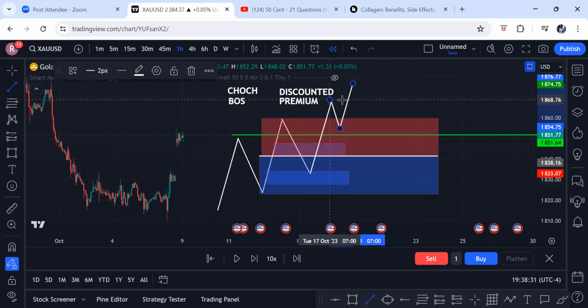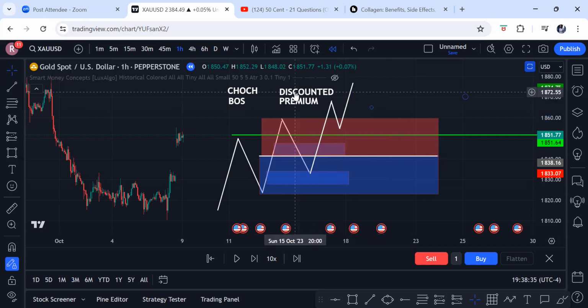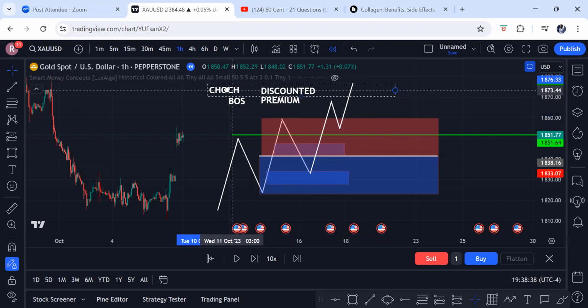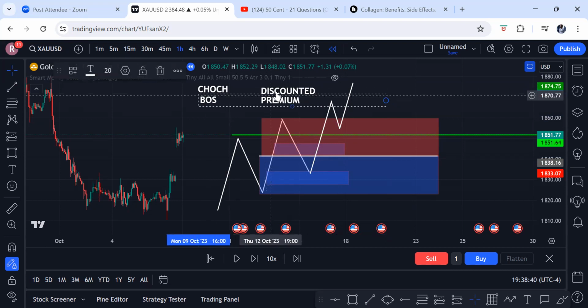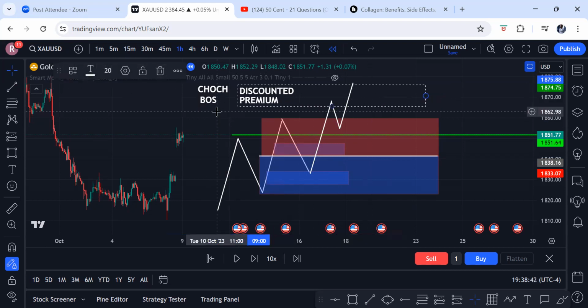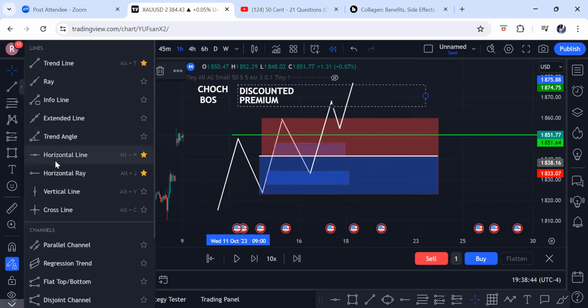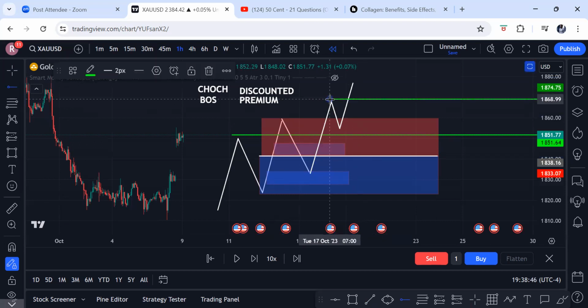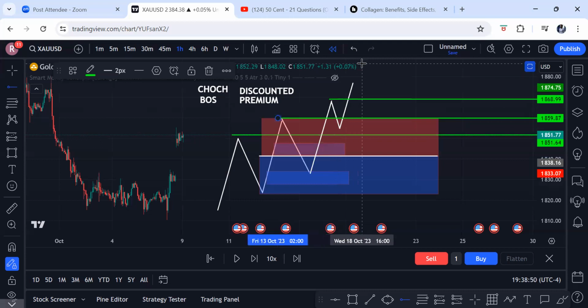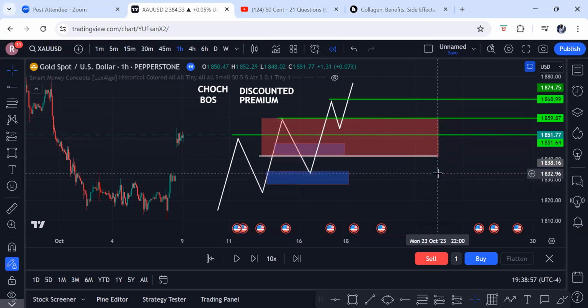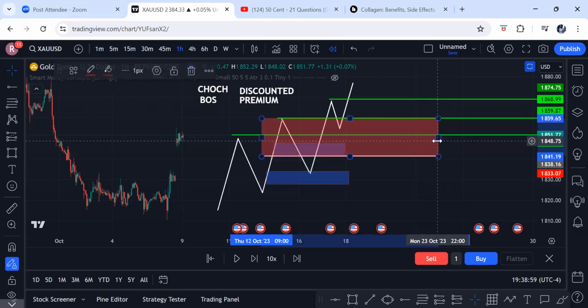Right here, this is another break of structure. Price came up, pulled back down, and pushed again. In this particular move, I'm going to shift this now so that you understand what I'm saying.